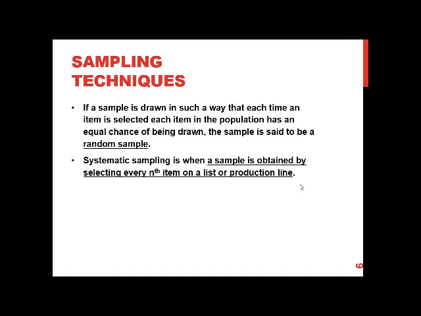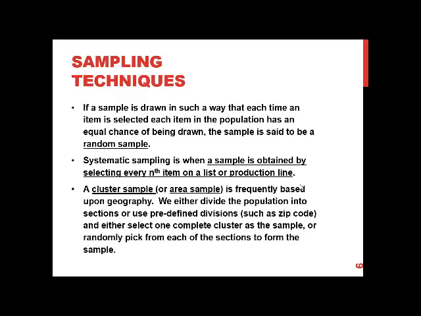Our next sampling technique is systematic sampling. This is when a sample is obtained by selecting every nth item on a list or a production line, like pulling every 50th item off a production line, something like that. A cluster sample, or an area sample, is frequently based on geography.